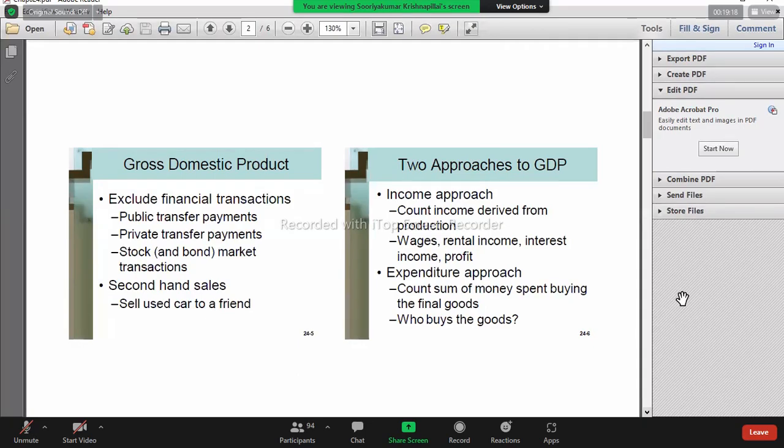If we sum up these wages, rental income, interest income, and profit, that is the value of goods we produce in the country during a time. In another way, we can calculate the value of final goods and services produced in the country using the expenditure approach.